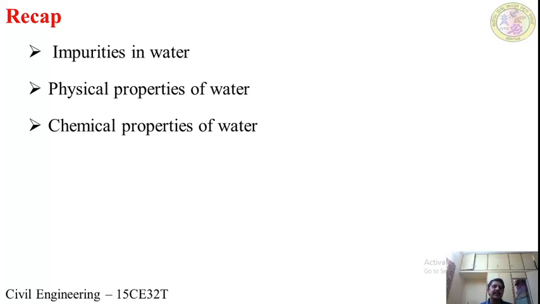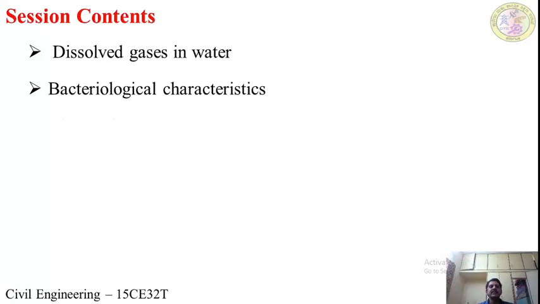Physical characteristics of water are analyzed, like temperature, turbidity, odor, etc. Chemical characteristics of the water are found by measuring the hardness, chloride, fluoride, etc. In this session, we will continue with dissolved gases in the water, and the bacteriological characteristics of the water.